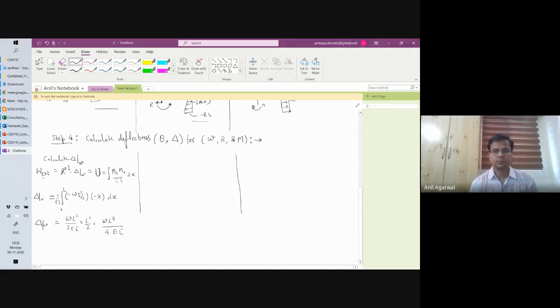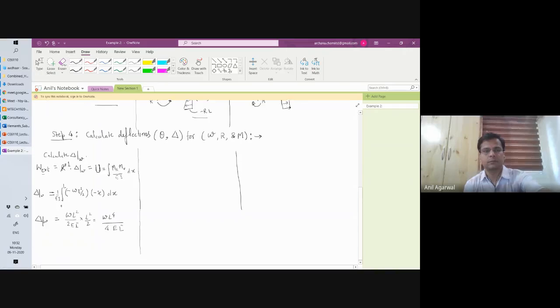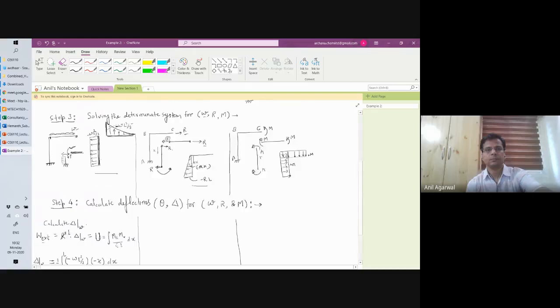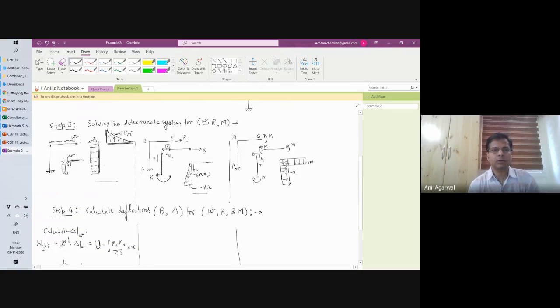You got it? Fine. Also, let's calculate theta because of W. What I'm trying to do is calculate how much rotation will take place here because of W. For that, wherever I want to calculate the rotation, I have to apply a virtual unit moment there.